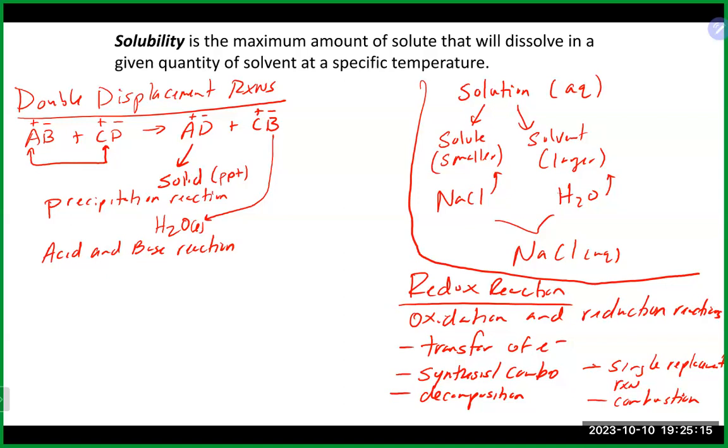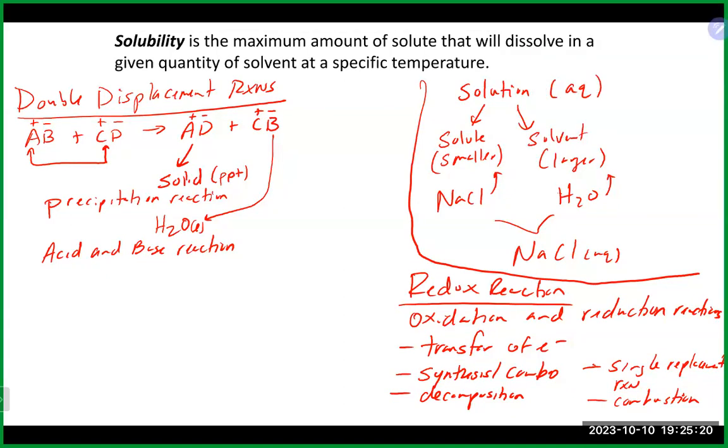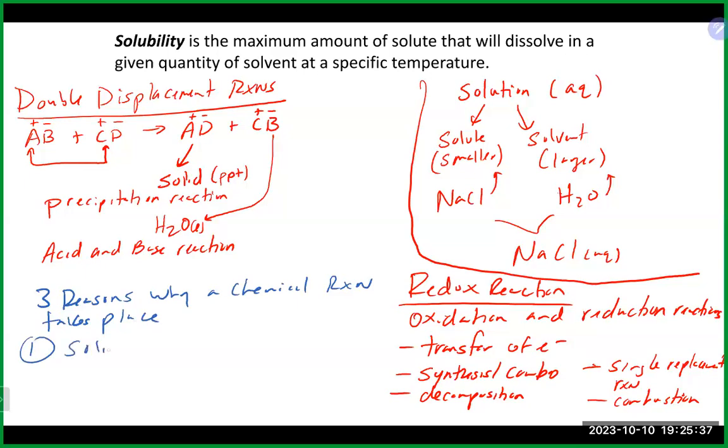And the reason for that is when we talk about a chemical reaction taking place, there's really three reasons why it actually does take place. First reason is a solid is formed, taken care of by our double displacement reaction there, or precipitation reaction.